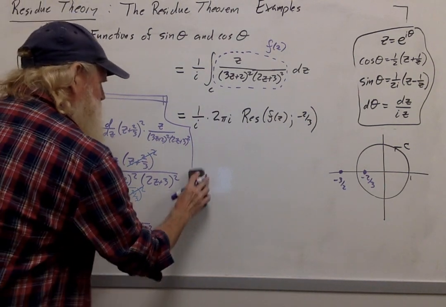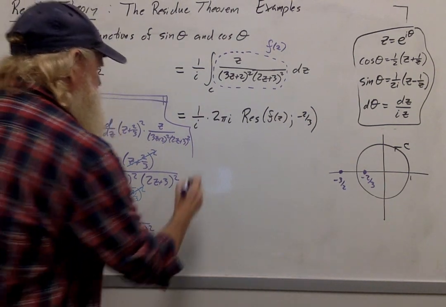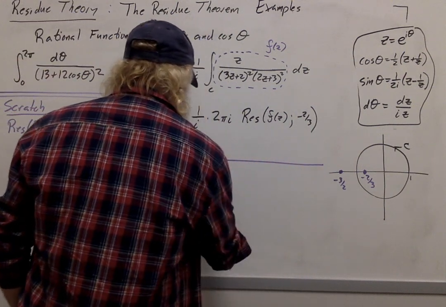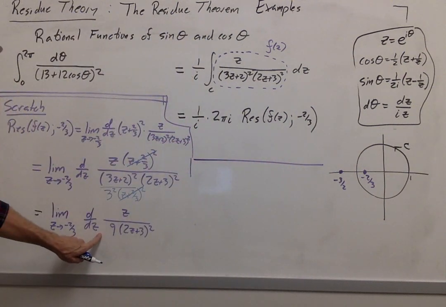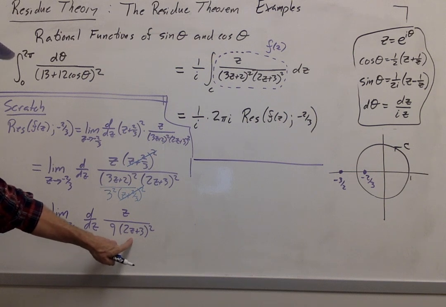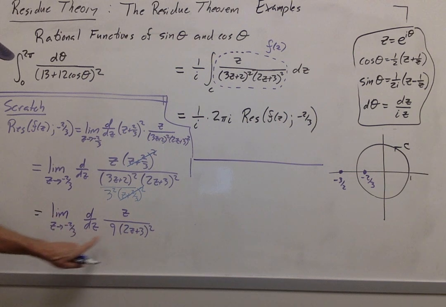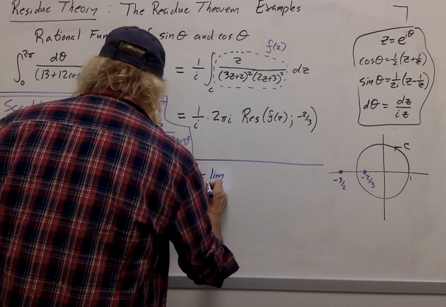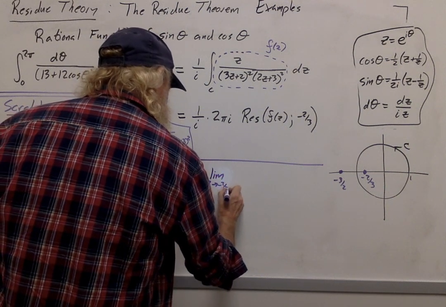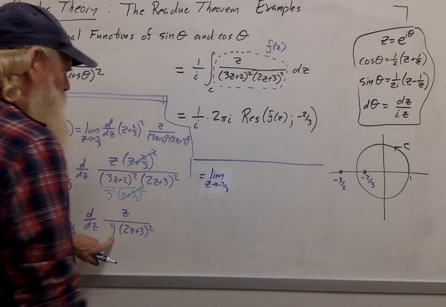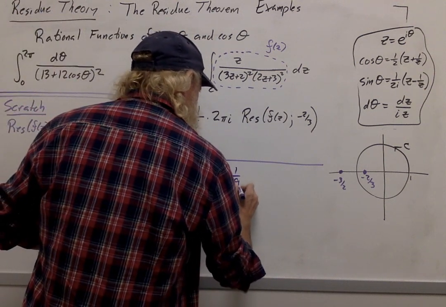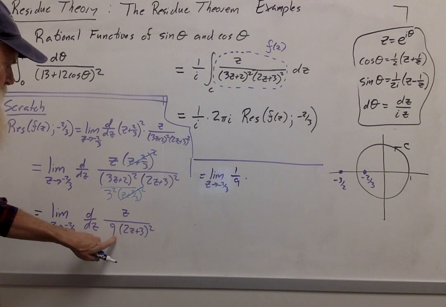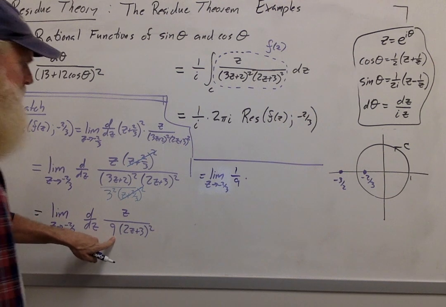Wow, I need more space for my scratch work. So next we need to take the derivative of this function with respect to z, and then finally we need to take the limit as z goes to negative 2/3. So let's apply the quotient rule. I can factor the 1/9 out and just take the derivative of z over (2z + 3) squared.